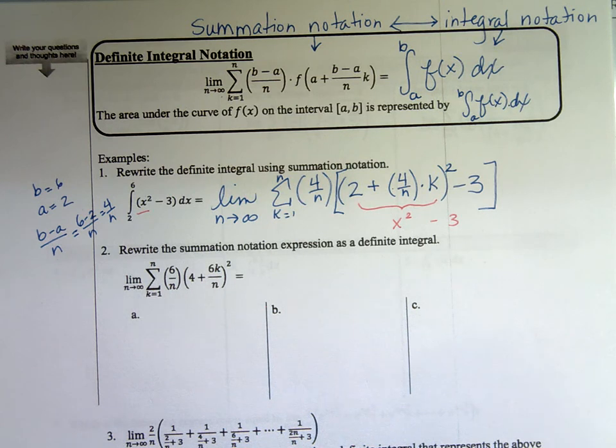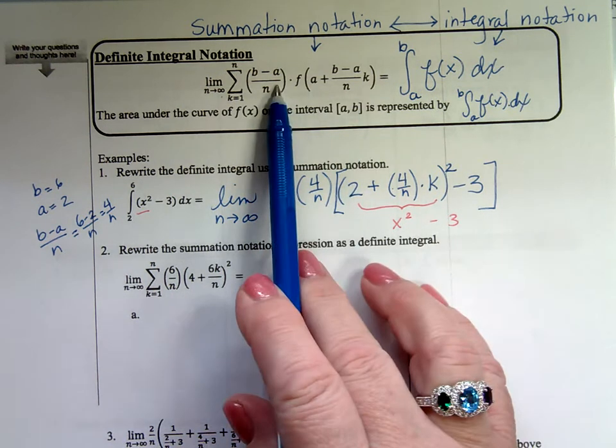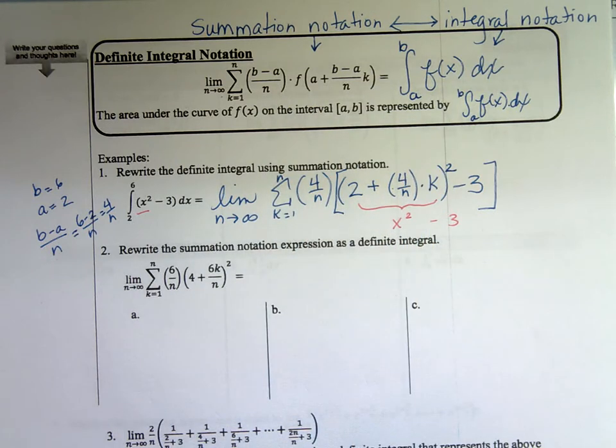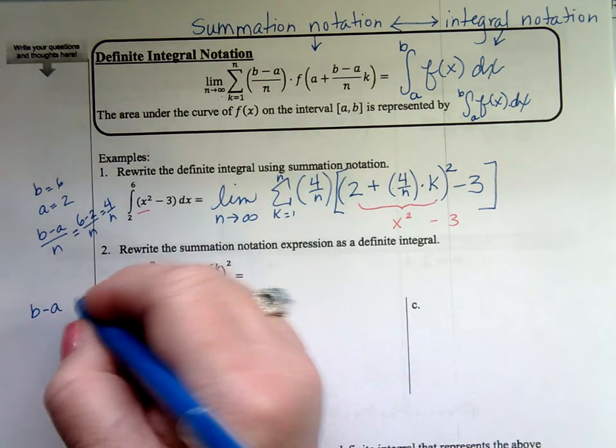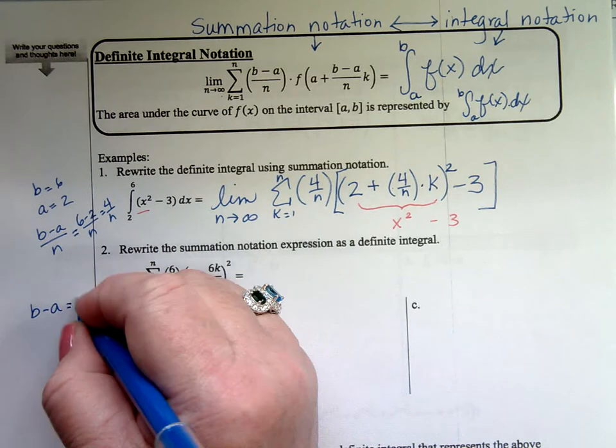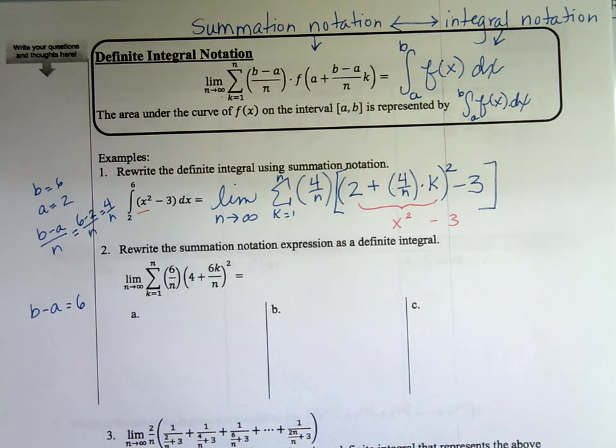All right, let's see if we can try it going the other way. Now they give me the summation notation, and they want to know what the integral looks like. So if I'm looking at this, I know that my b minus a has to equal 6. Do you know what A is?